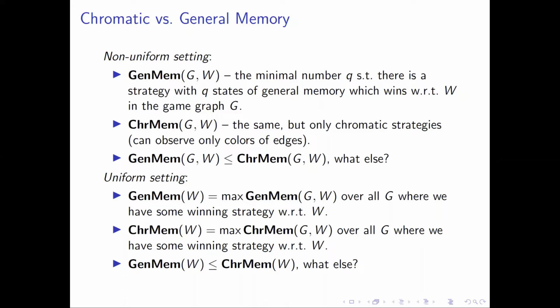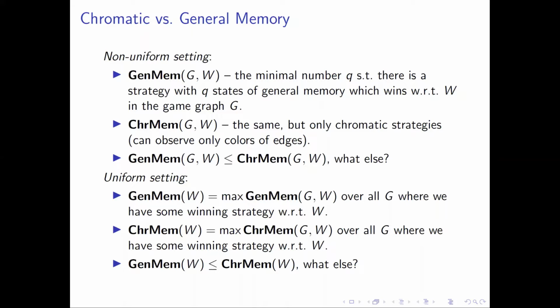Okay, so general memory of G and W might be infinite. For example, if there is no winning strategy. And it can also be infinite if there is some winning strategy, but it cannot be realized with finitely many states. But in any case, we can also define the same thing for chromatic strategies.